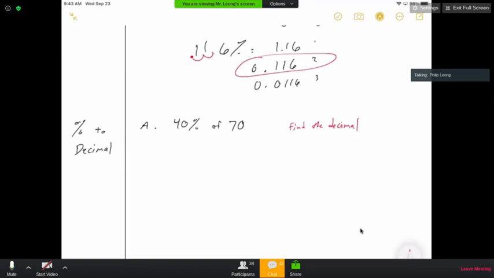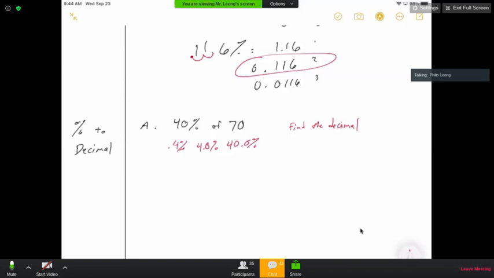Now I haven't moved it yet. So right now, just on this number, where is the decimal? I don't see a decimal, right? Is this the same thing as 0.4%? Is this 4.0%? Or is that 40.0%? Okay.